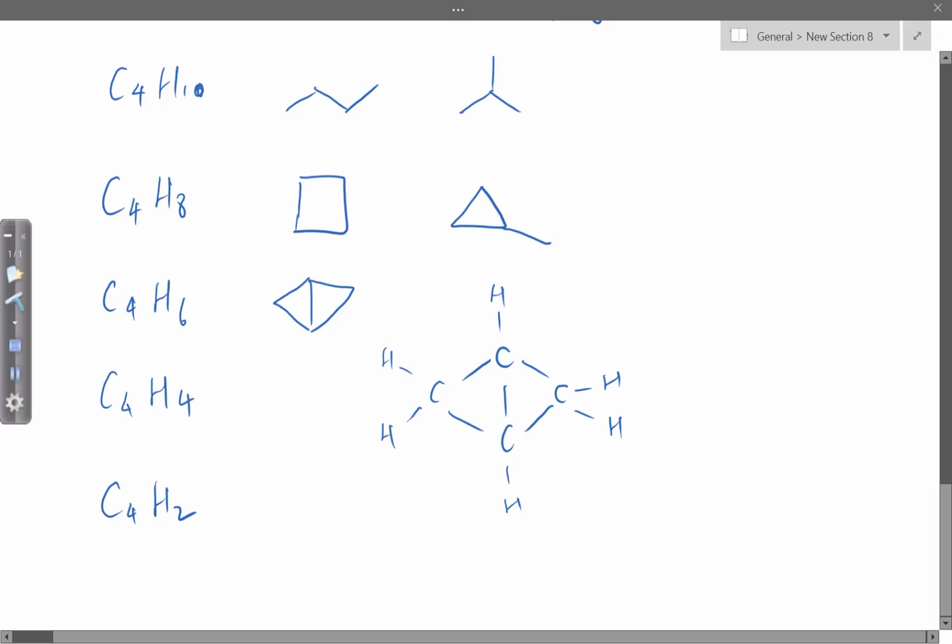None of which breaks the octet rule. So it's possible, right? Although it is unstable, it's possible. I'm not asking which one is stable. So this is C4H6. Are there any more structures with 2 rings?